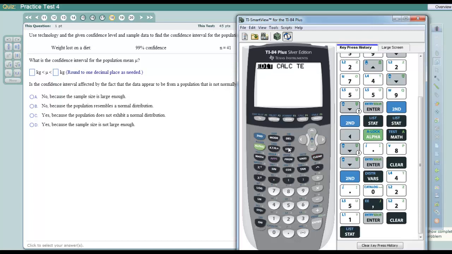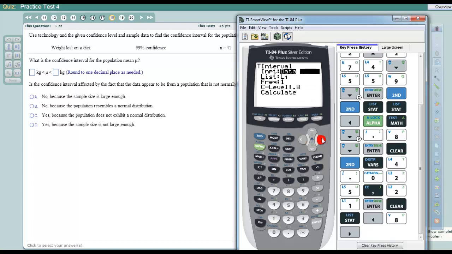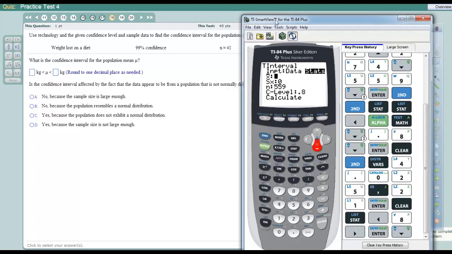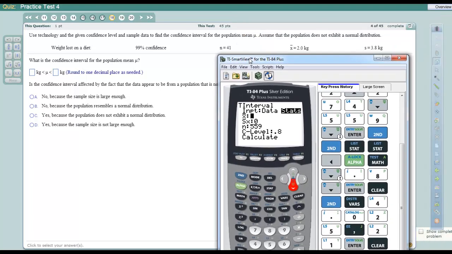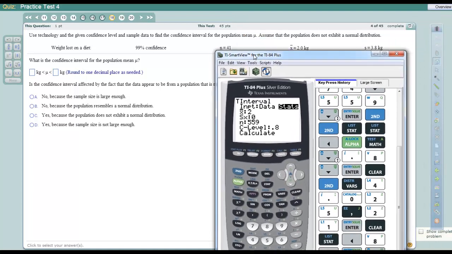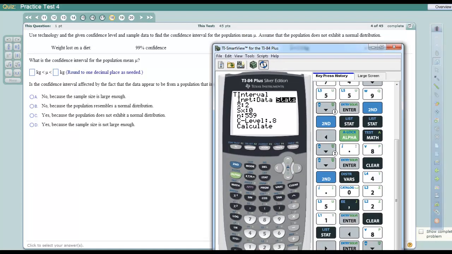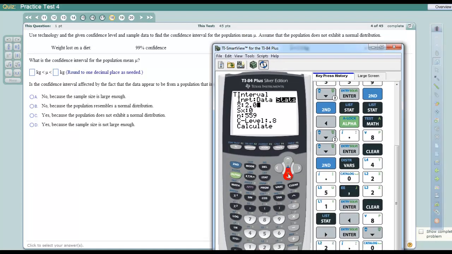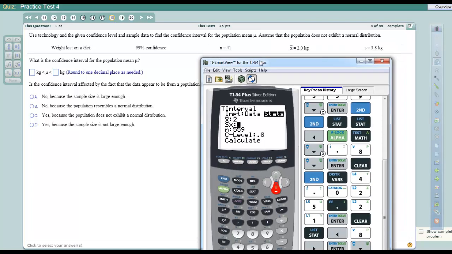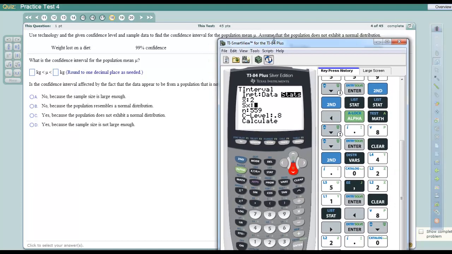We do stat, test, must be number 8, our T interval. We'll make sure that stats is highlighted. Our sample mean is 2.0. Our standard deviation was 3.8.